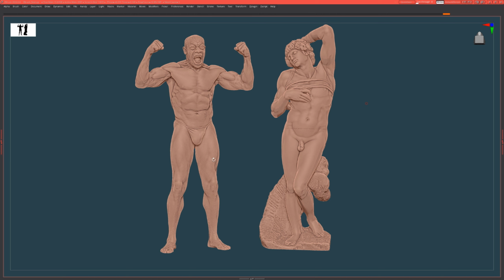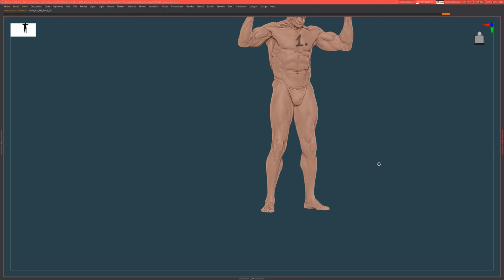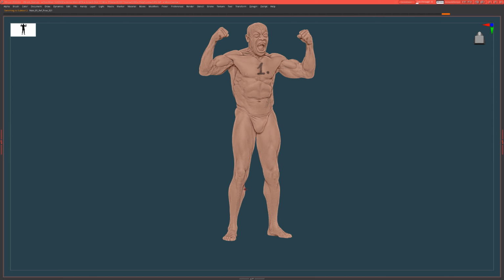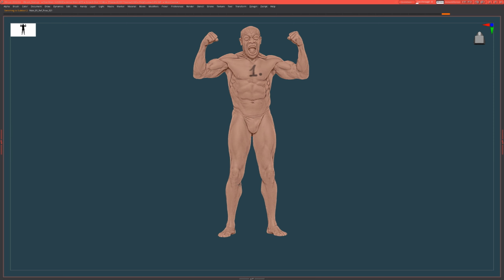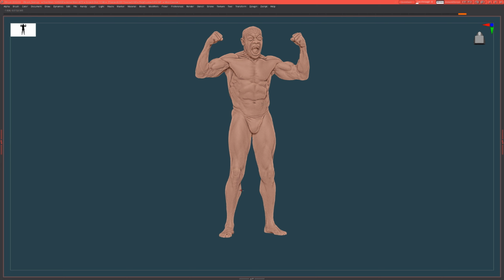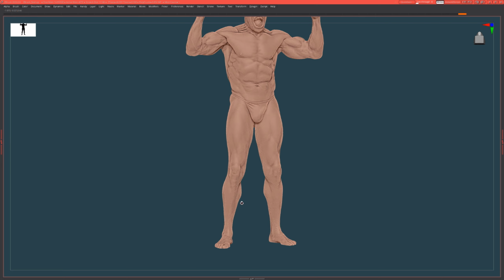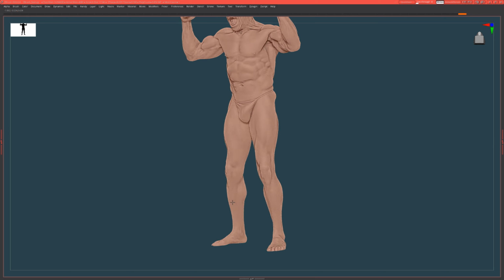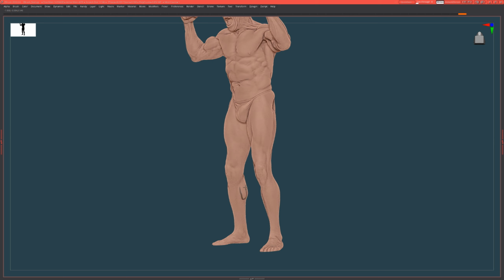And this is luckily a good example where the shape, or I guess the position of the muscle, is almost more important than the correct execution of the muscle itself.